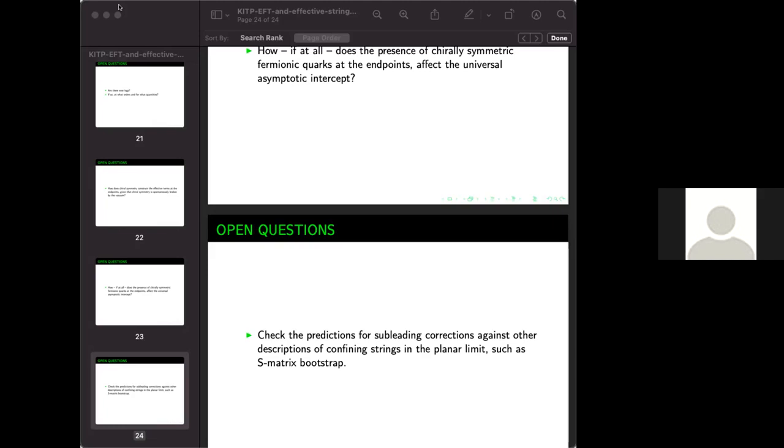But it would be interesting to go further and compute universal terms in the expansion, and compare those with other methods like bootstrap or whatnot. Thanks.